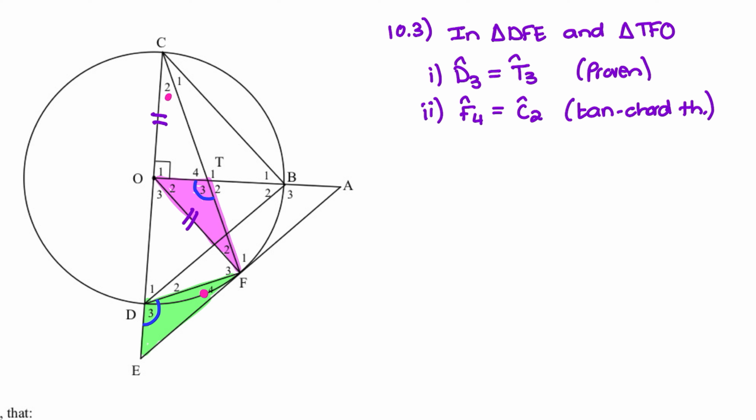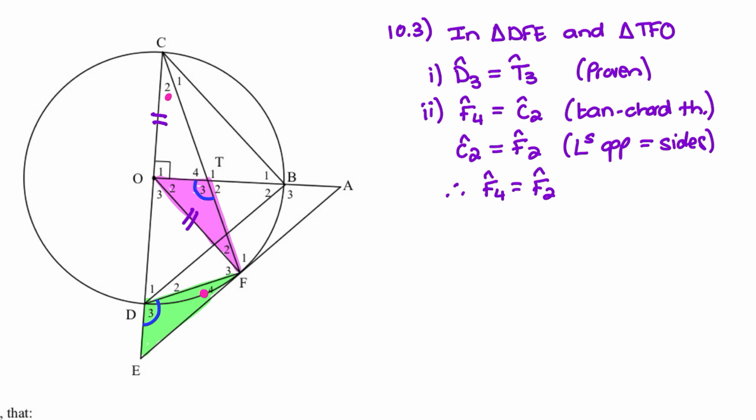And we can say that C2 is equal to the angle F2 because those are angles opposite equal sides. And we can conclude then that F4 is equal to F2.